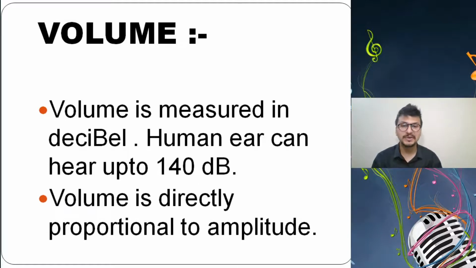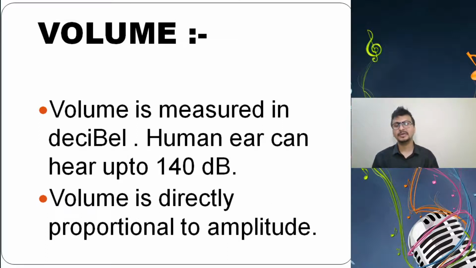Sound is measured in dB, that is decibel. It is the unit of sound. In short, the small letter d and the capital letter B make dB. Again, it comes from the name of a scientist. So the human ear can hear up to 140 decibels.